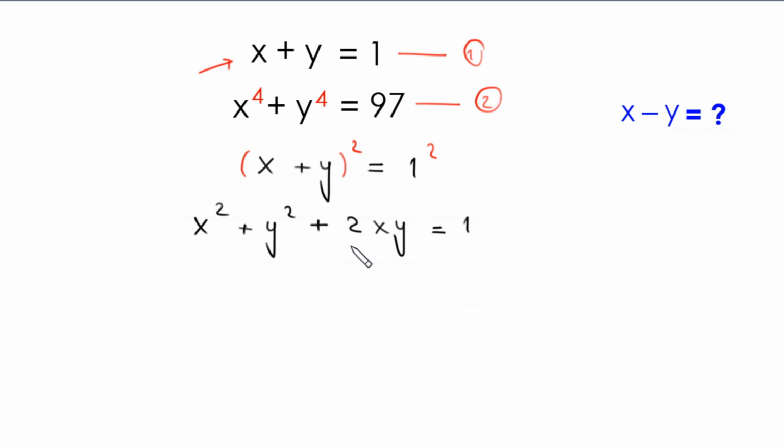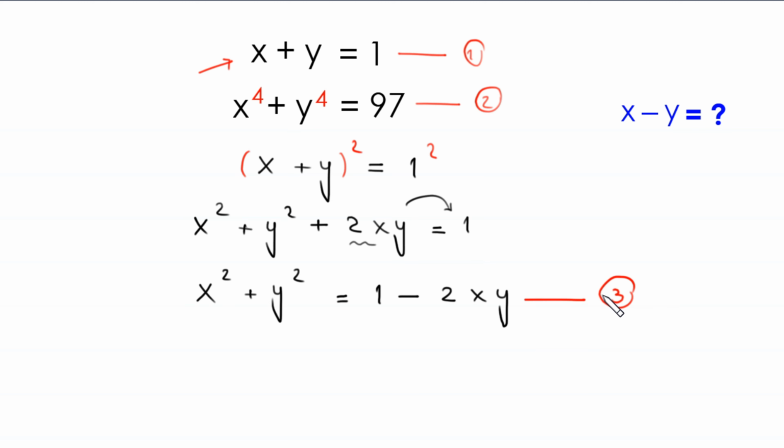Move this 2xy to the right hand side, then this will become x squared plus y squared is equal to 1 minus 2xy. Let's call this equation number 3.